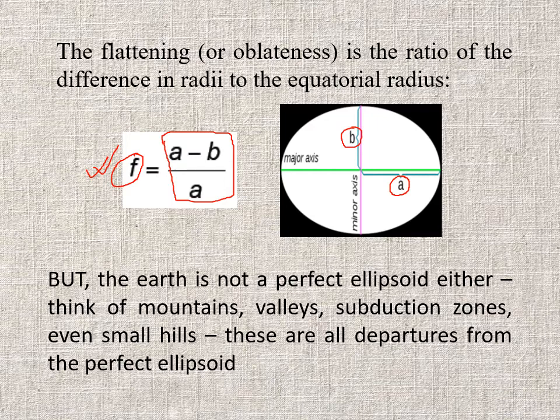So depending on that, the actual shape of the earth varies from place to place, and that will determine the ultimate shape of the earth.